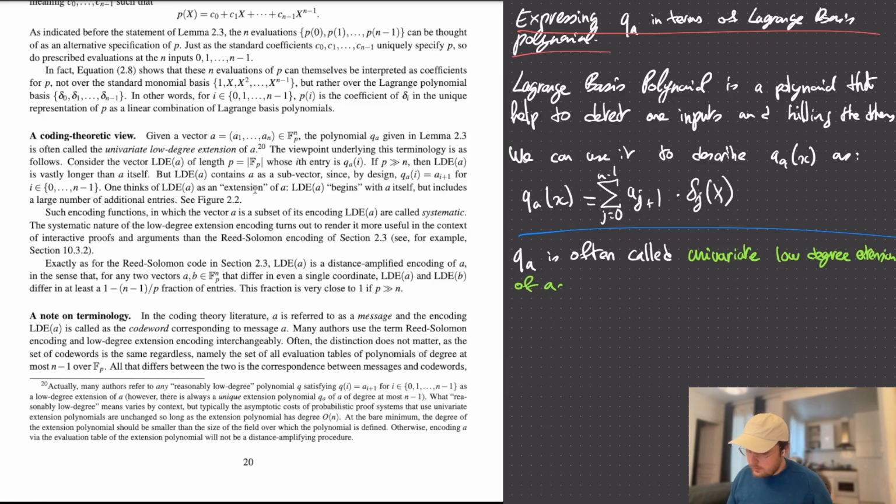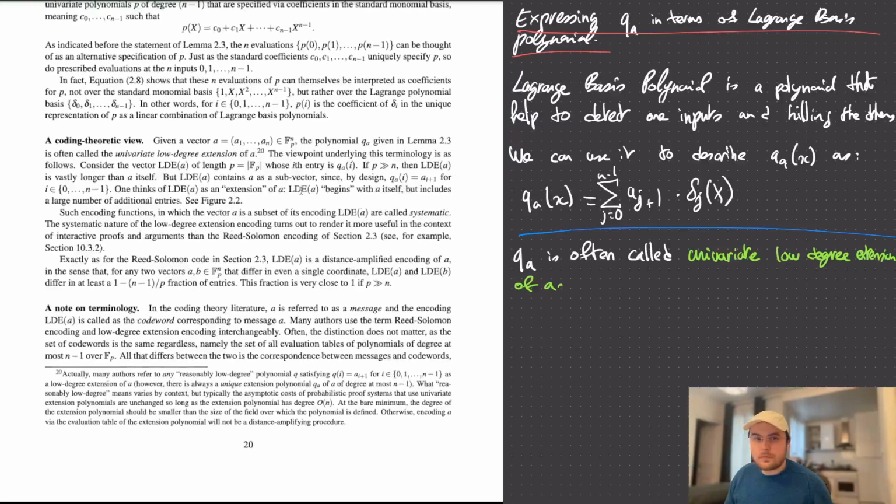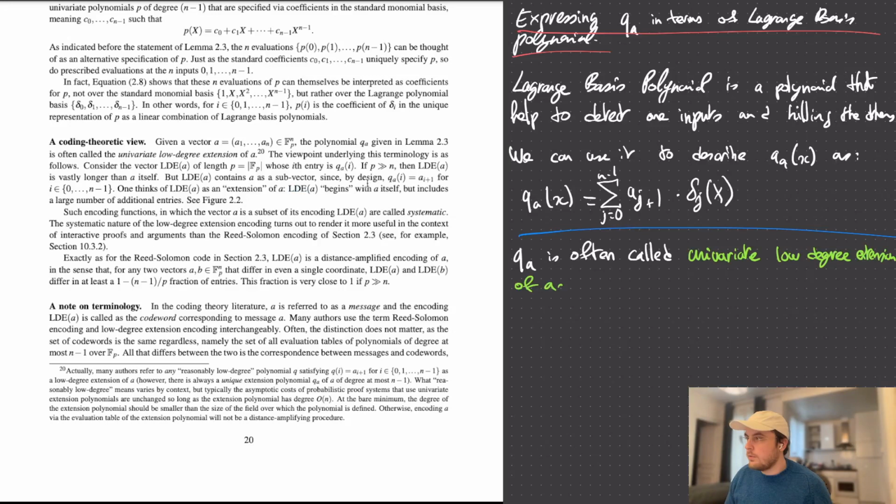Okay, I understand. Because this low degree extension works until n, but the polynomial can still continue afterward. It's like an extension of your vector.